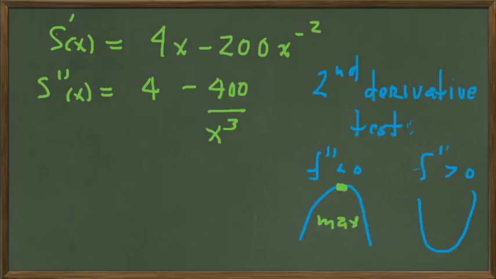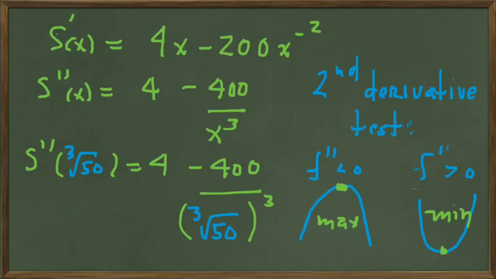And if we have a critical value and the second derivative is positive there, then we know that we have a relative minimum at that critical value. So what we're going to do is take our critical value, the cube root of 50, plug it into our second derivative, and hope that it comes out to have a positive second derivative so we get the minimum that we want. So let's do that.